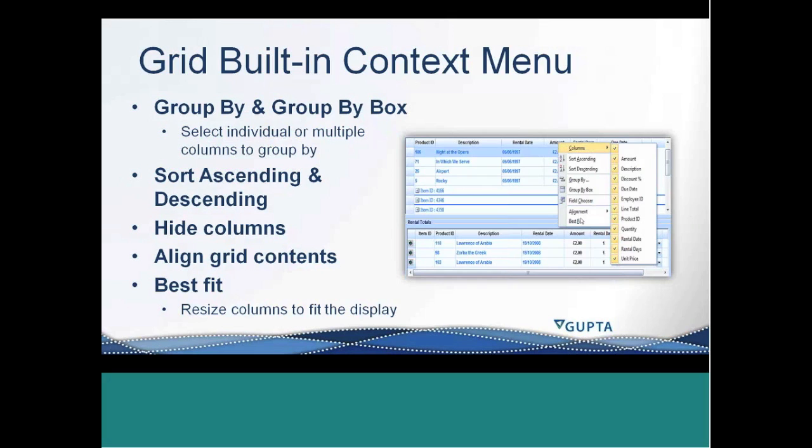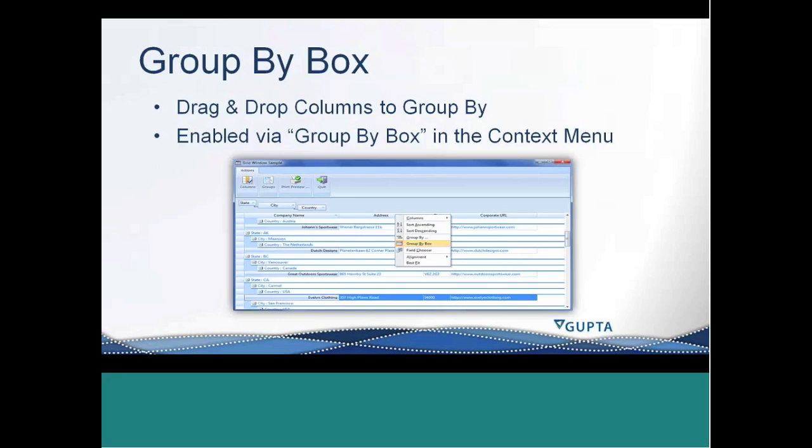You get also menu options for sorting ascending and descending. You get all columns available to you. You can mark them, check or unchecked to display or hide these columns in your grid. Align the grid contents. You can use alignment for that, and best fit to resize the columns to fit to the display. So all that comes for free. You get it when you right-click on top of the columns.